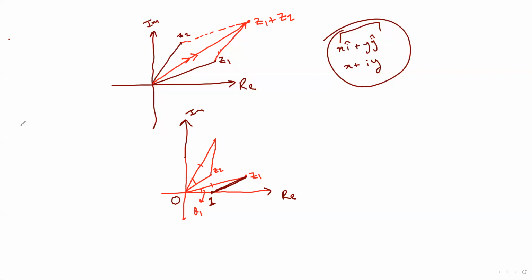I claimed something wrong here. We do not claim that these sides are equal. What we do is, this angle is theta1, of course. Extend this guy so that we can create a triangle.